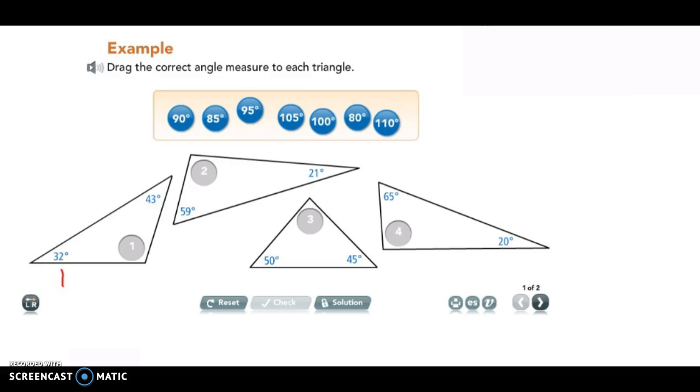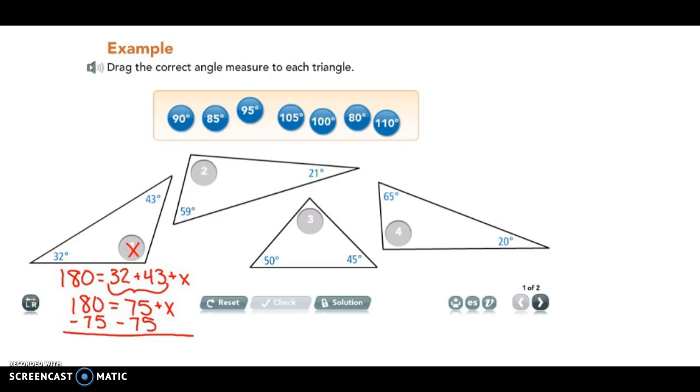This triangle is 180 degrees, and that's going to equal 32 degrees plus 43 degrees plus angle 1, which I'm going to say is x. When we combine these two, we get 75 plus x is 180. So we subtract 75 from both sides, and we find that the measure of this angle is going to be 105.